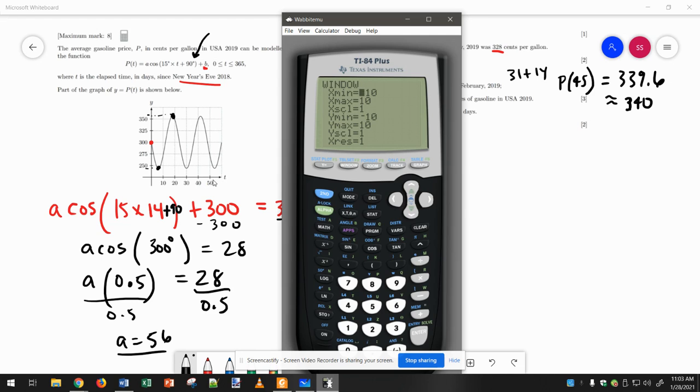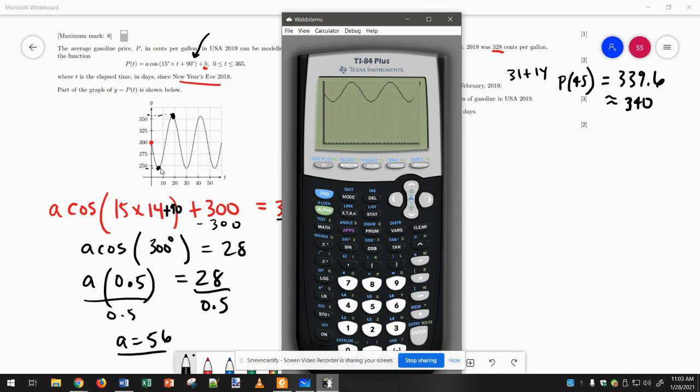X min is 0. X maximum is 50, maybe let's make it 60. Don't change the scale. Y min is also 0. Y maximum, let's make it 360. And then let's hit graph. We should get a nice picture, sort of like the one that's there.